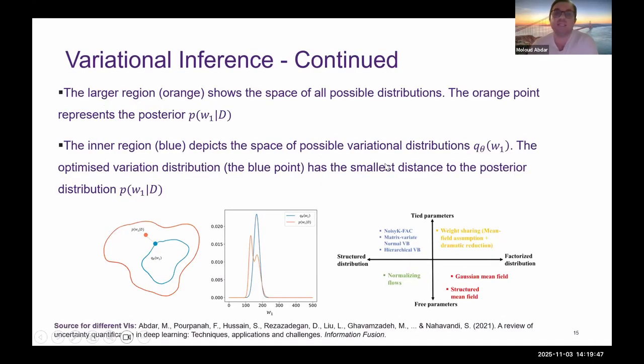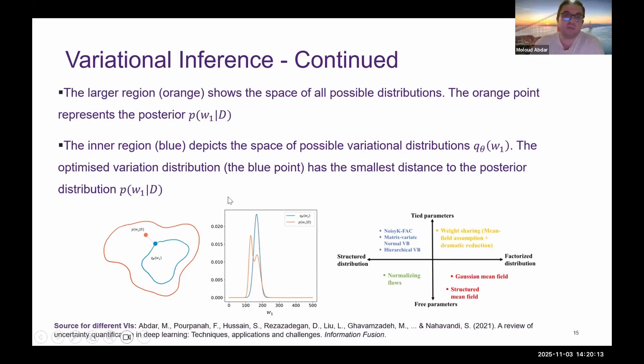For more details, in this figure I have shown different variational inference methods that have been proposed in the literature for different case studies and in different situations, like tied parameters or free parameters, in terms of the case they can improve.